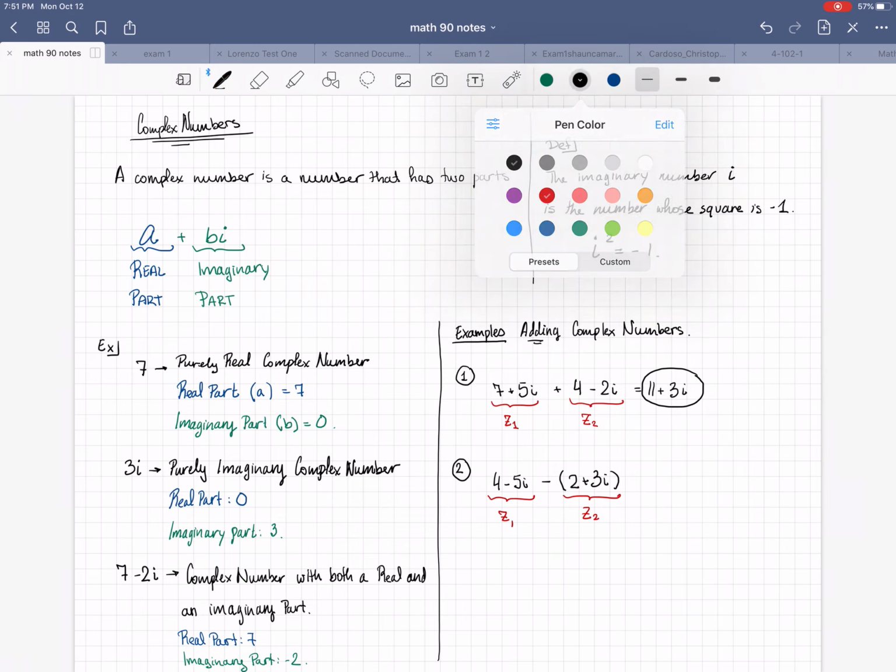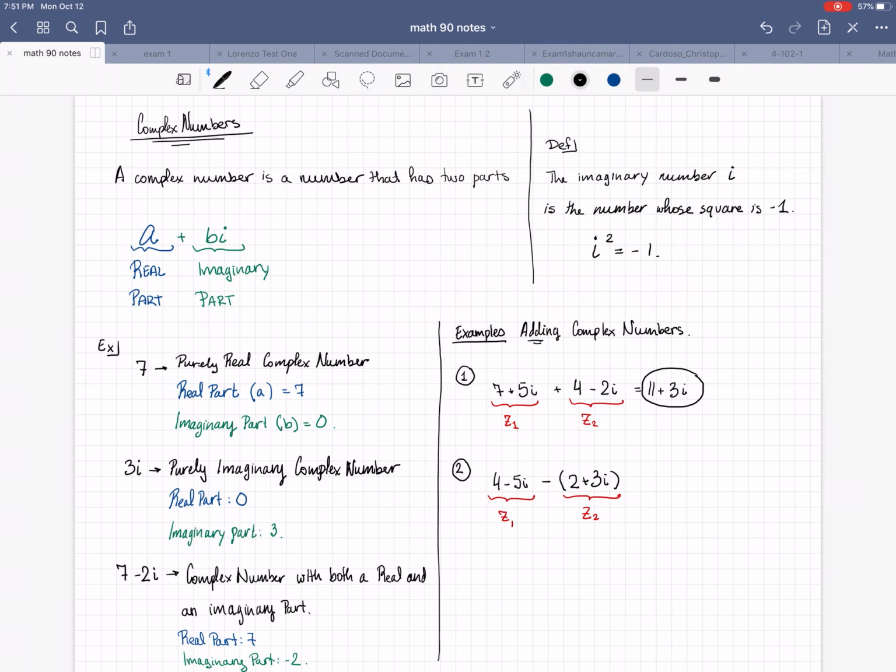And what you're going to notice when it comes to subtracting complex numbers, you're going to subtract the real parts and subtract the imaginary parts. So you have 4 minus 2 is 2. Okay. And then negative 5i minus 3i is negative 8i.